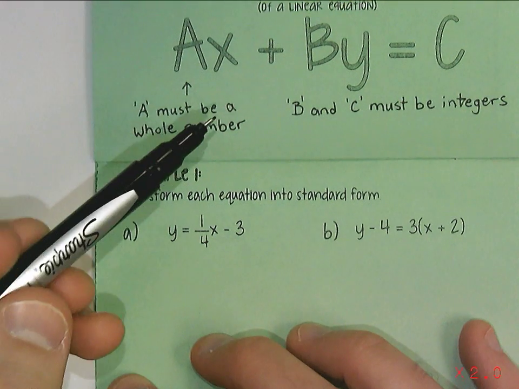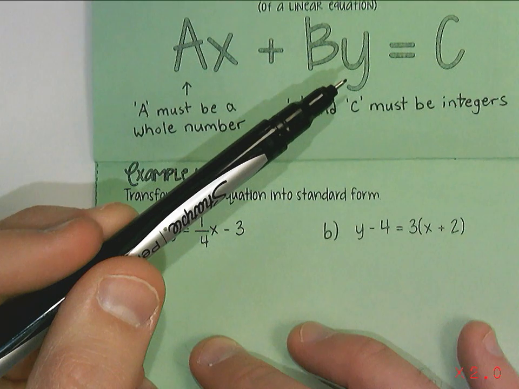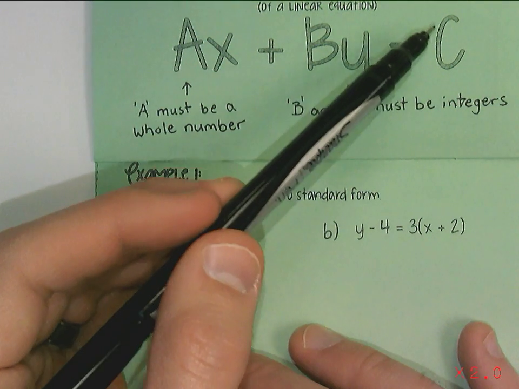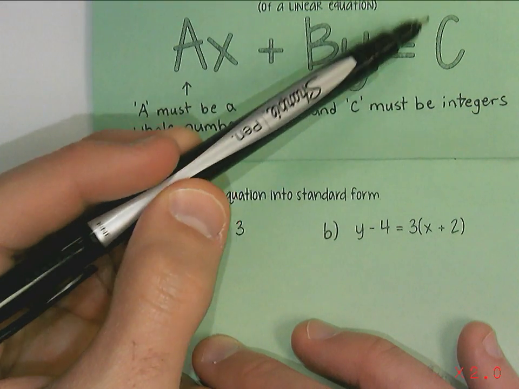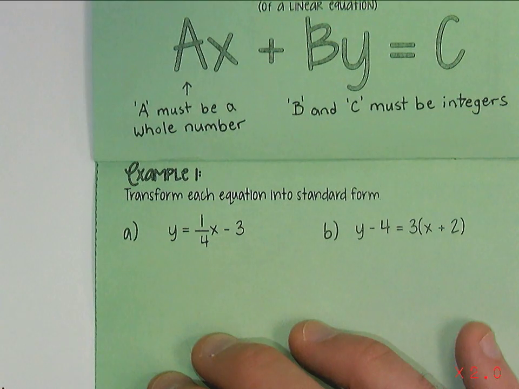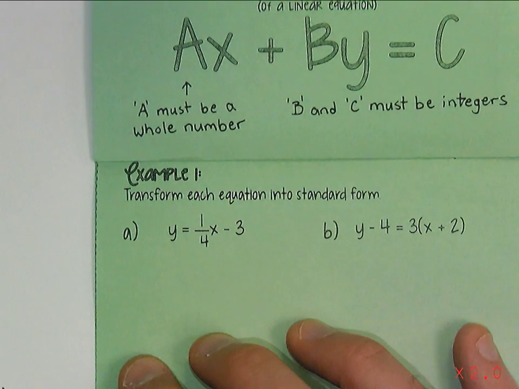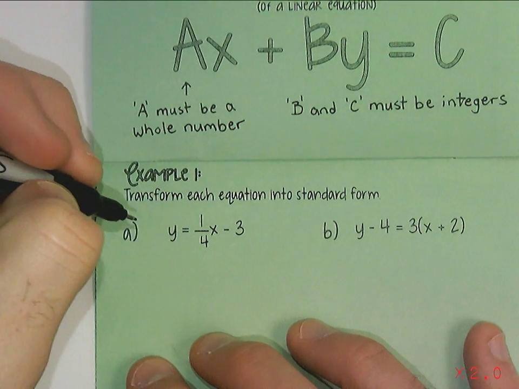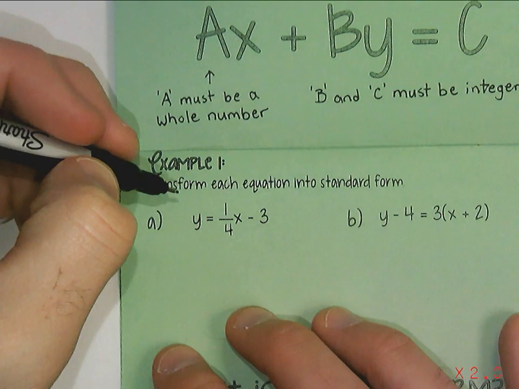Our goal is to get x and y on one side with a coefficient of a and b, and then we want to leave anything that's not associated with x or y over here as c, which will end up being really our y-intercept. So again, we're going to have to solve equations here. We'll be doing 1- and 2-step equations specifically.